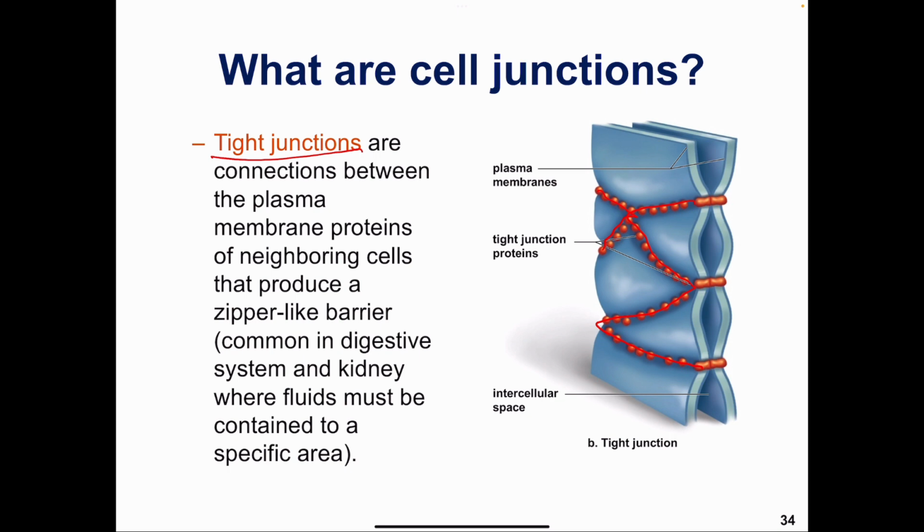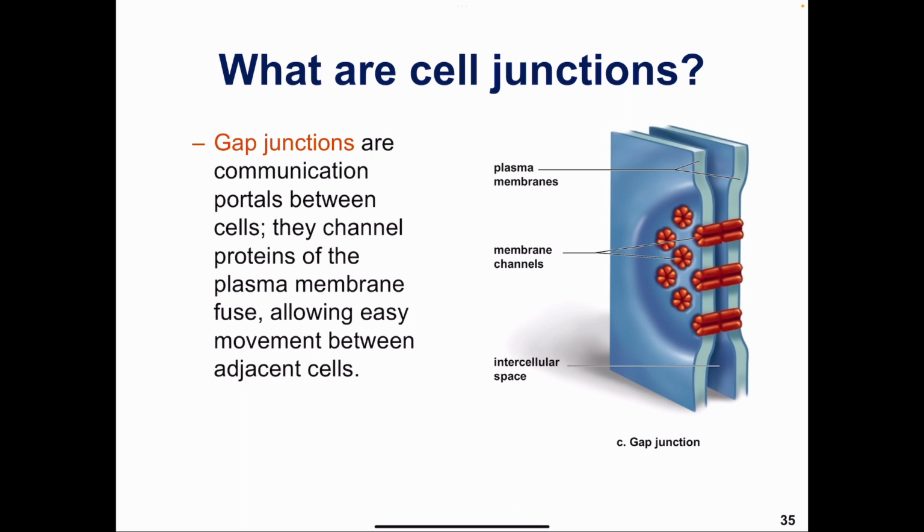This is, for instance, what we are going to find in the digestive tract. You know that the stomach, for instance, is holding some fluid, right? The small intestine is holding some fluid. Now, how about the bladder, right? The urinary bladder holding some fluid. You need some tight junctions there.